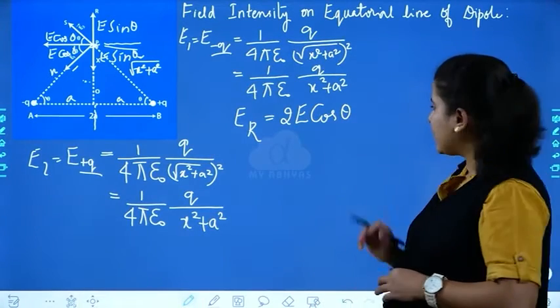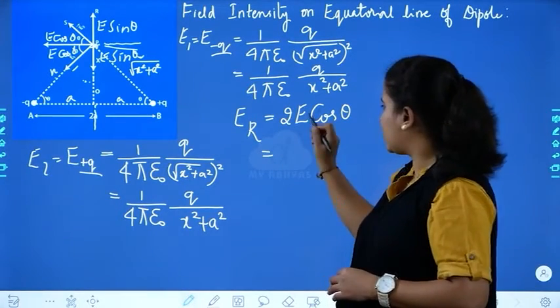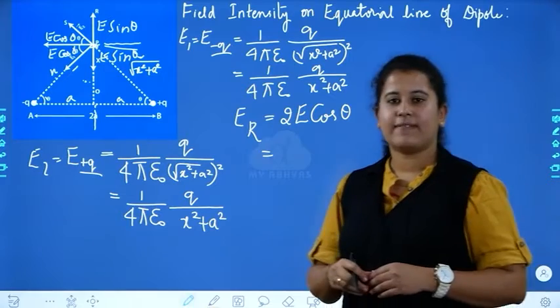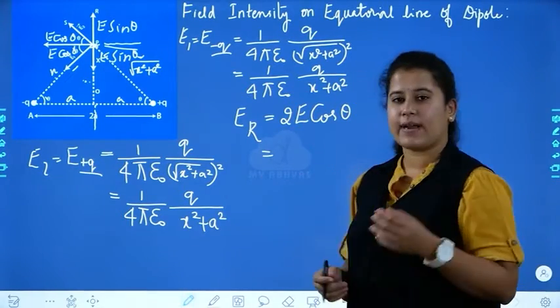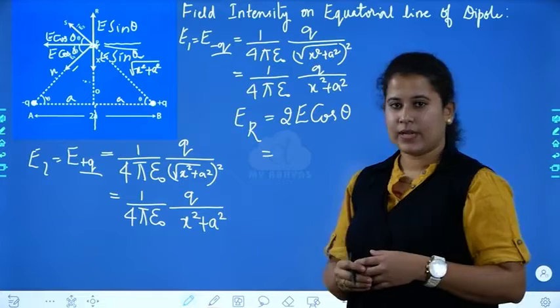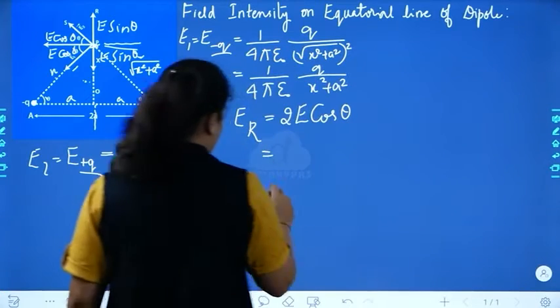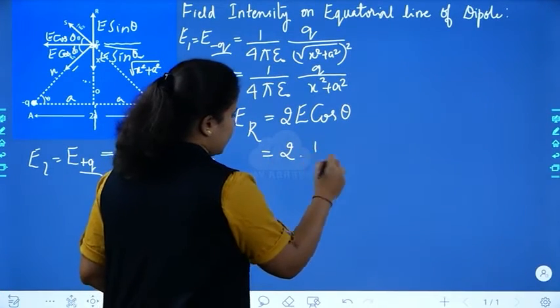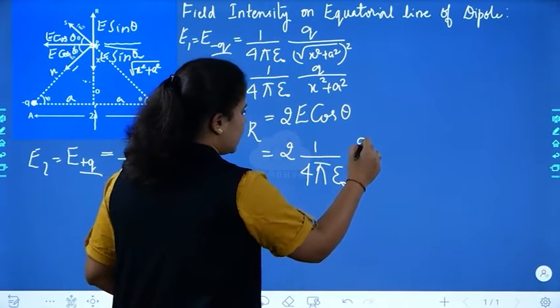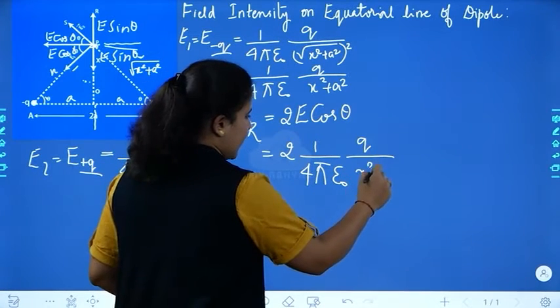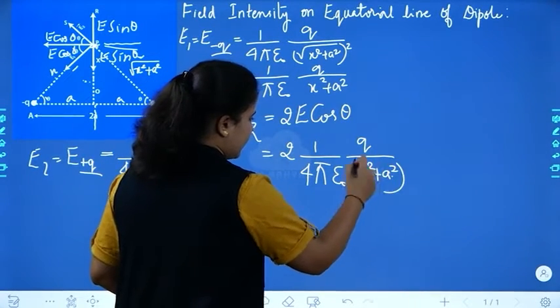After this, I know the value of E. So what will be the value of E? It is nothing but 1 divided by 4 pi epsilon naught, Q divided by x square plus a square. So I'll just be substituting that: 1 divided by 4 pi epsilon naught, Q divided by x square plus a square.